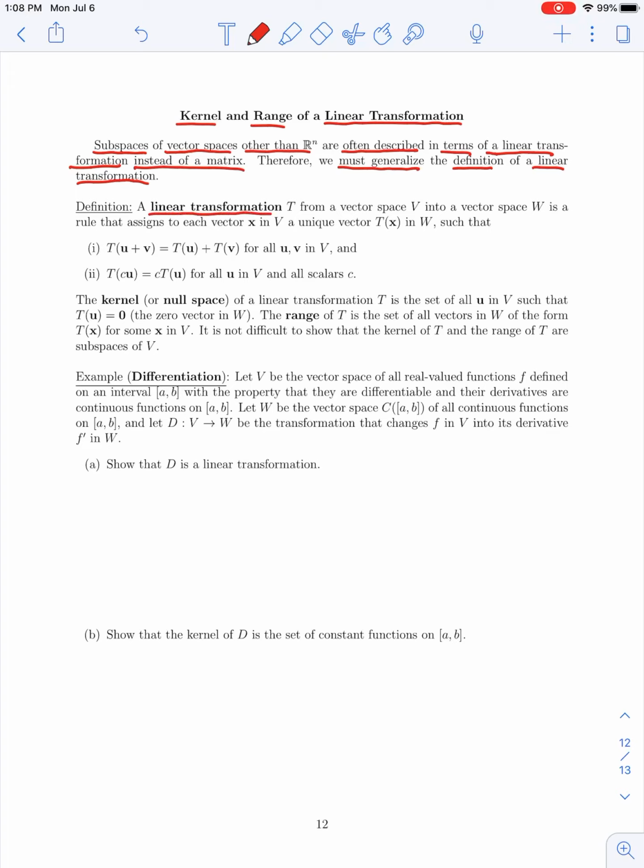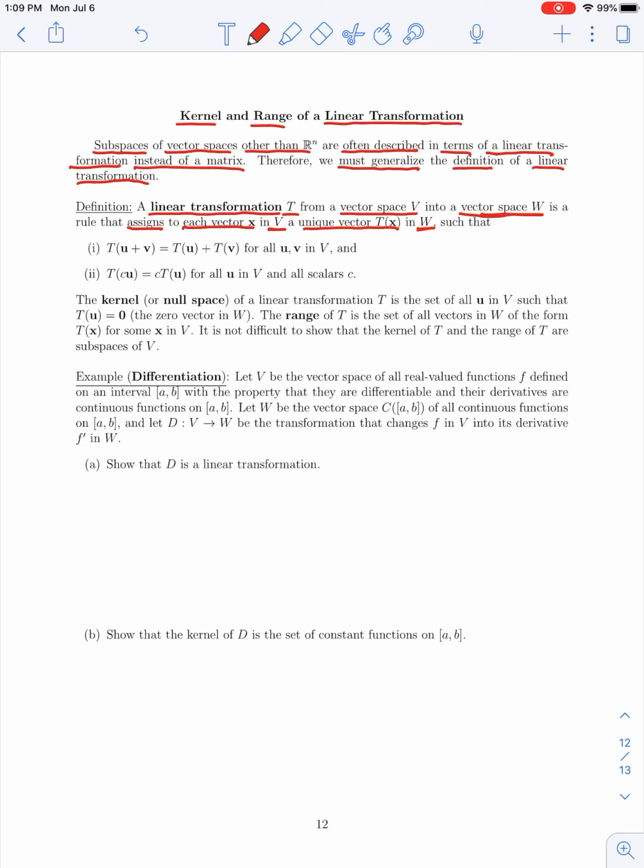A linear transformation T from a vector space V into a vector space W is a rule or a function that assigns to each vector x in V a unique vector, which we denote as T of x, in the vector space W. So in general, that is a transformation.